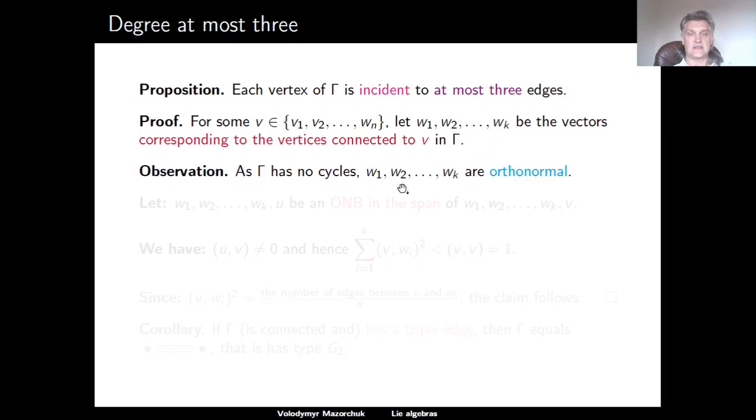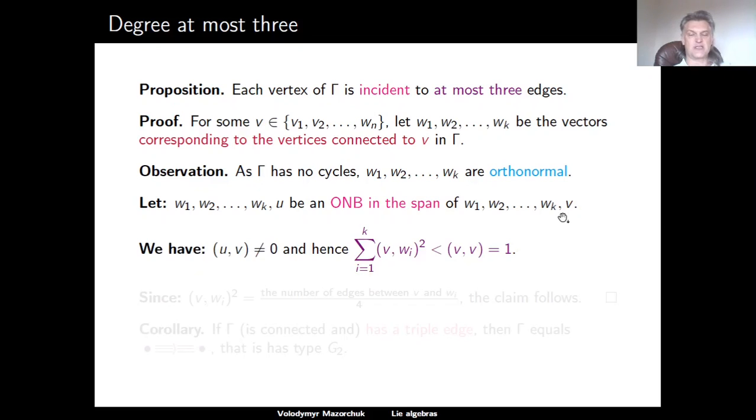Since gamma has no cycles, and w1, w2, wk are all connected to v, they cannot be connected to each other. So they are, in fact, an orthonormal system. So let's complete this orthonormal system by another vector u such that the outcome forms an orthonormal basis in the linear span of these vectors together with v.